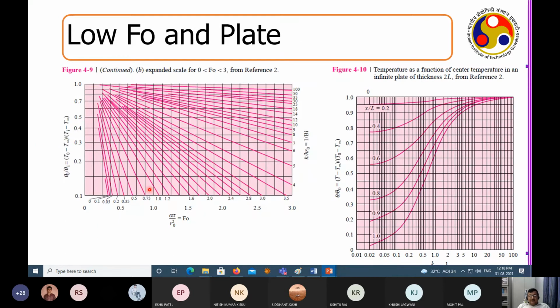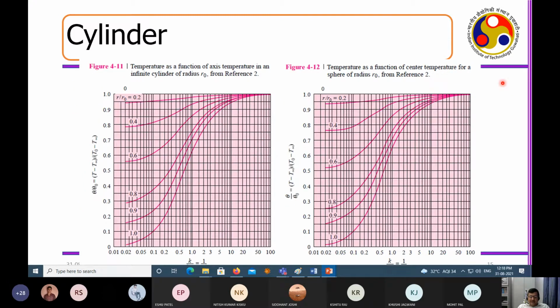And then say, suppose low Fourier number and plate. You see the charts look like this: temperature as a function of center temperature in an infinite plate. You will find numerous such plots for different types of geometries. This is for a cylinder.